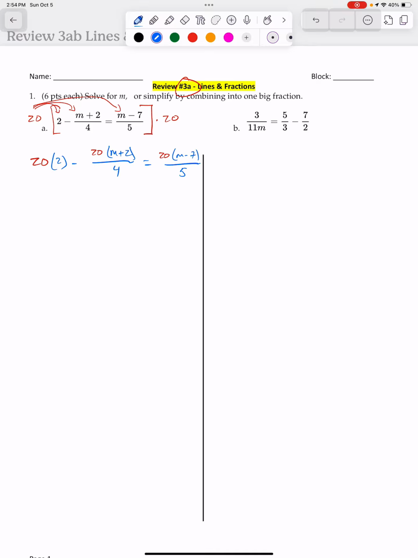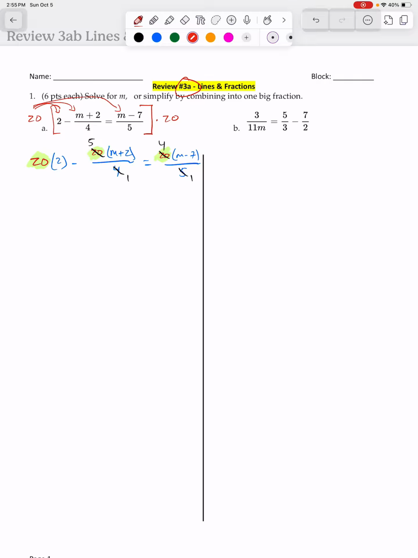Now my hope is that you see, like this makes sense to you, to see those 20s written like that with respect to those fractions. It's on the top of the fraction, because what I'm going to do next is I'm going to say, well, 4 goes into 4 once, but it goes into 20 five times. 5 goes into 5 once, goes into 20 four times.